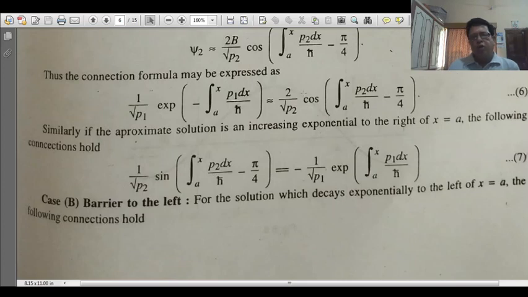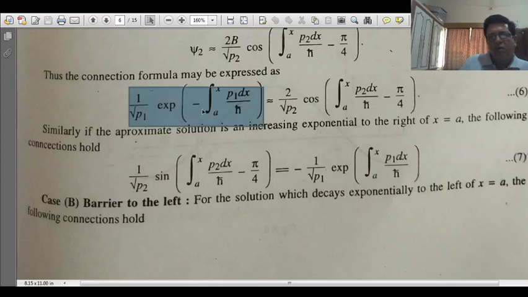You can easily see that on the right side it is cosine, here it is sine, and the right side has the same expression. The minus sign is taken outside the integral, and the remaining term is the same. So these expressions must be remembered.